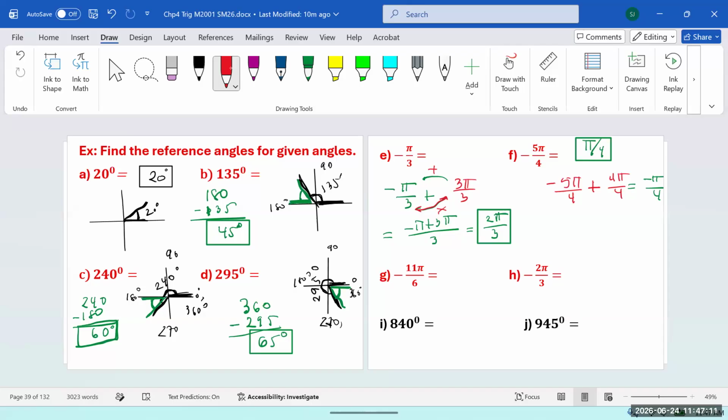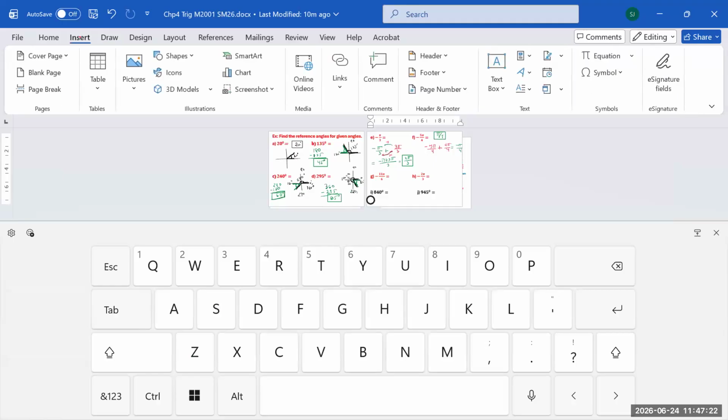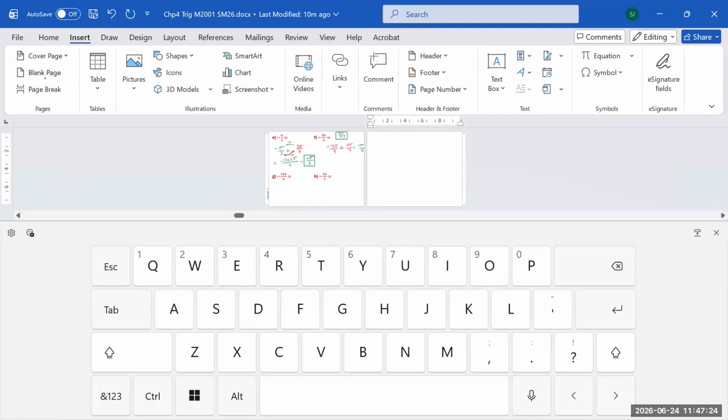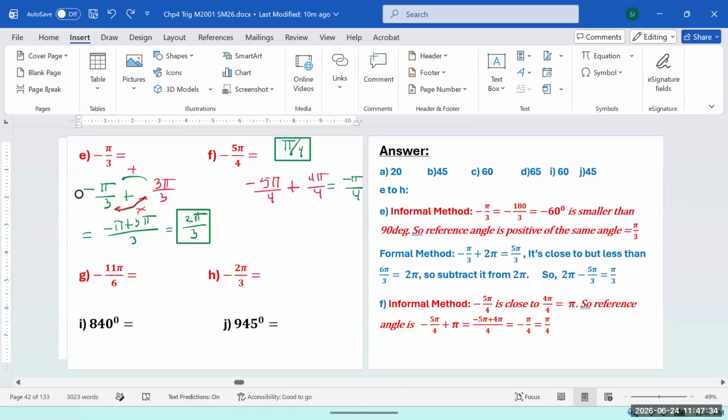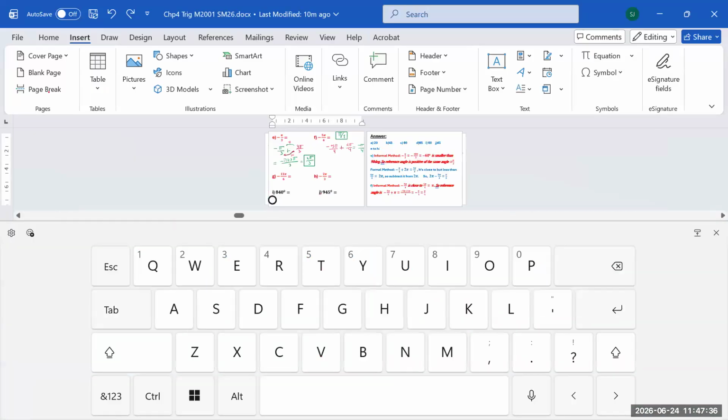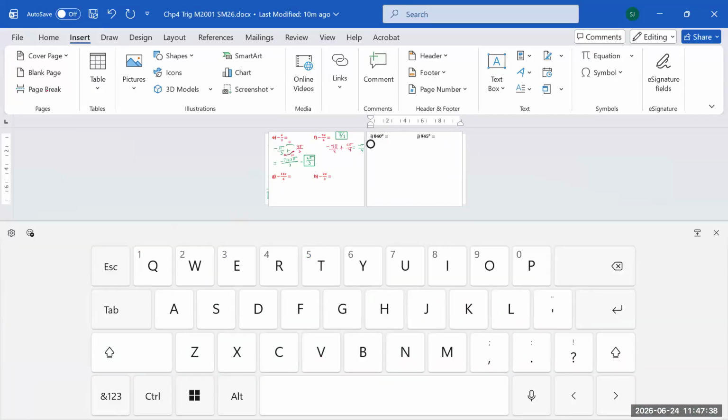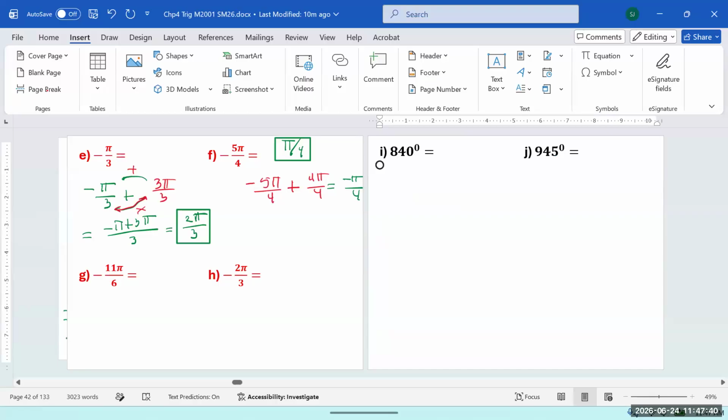Okay, 11 pi over 6. It's closer to how many pi over 6? 12 pi over 6. So if you have 11 pi, that means it's closer to 12 pi.